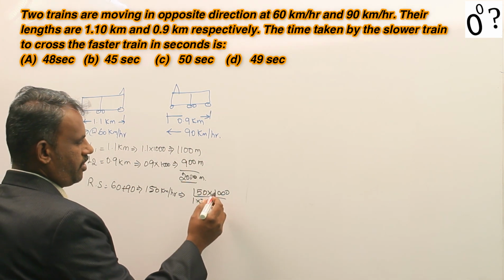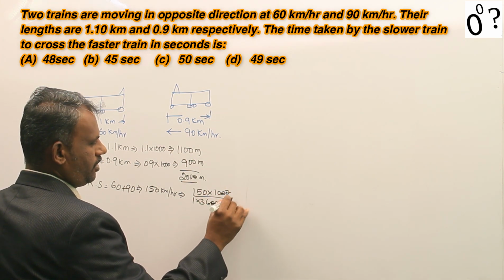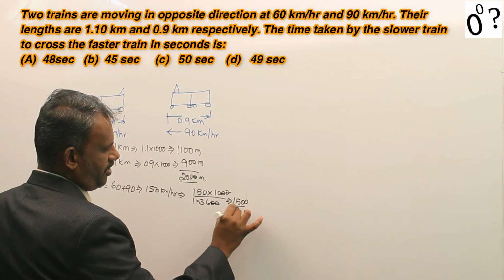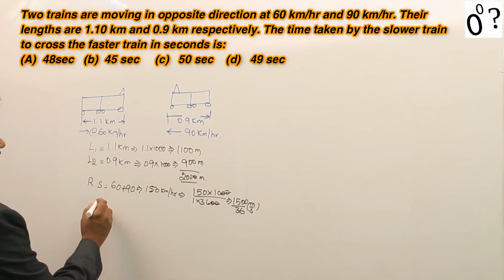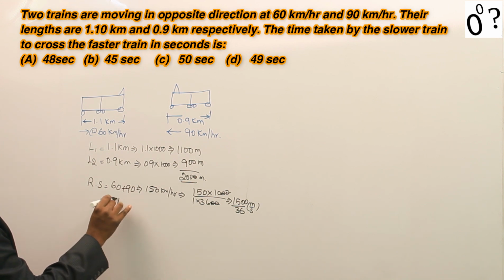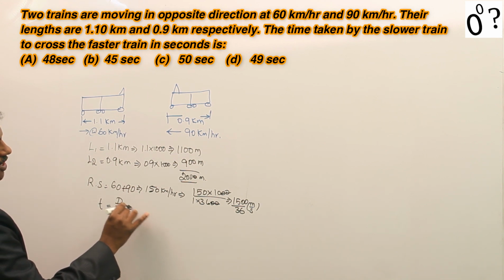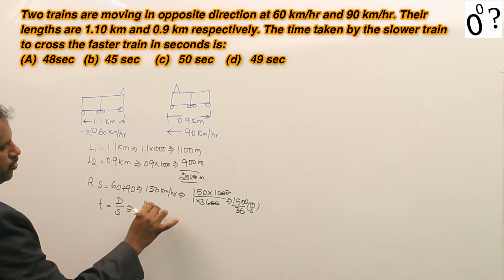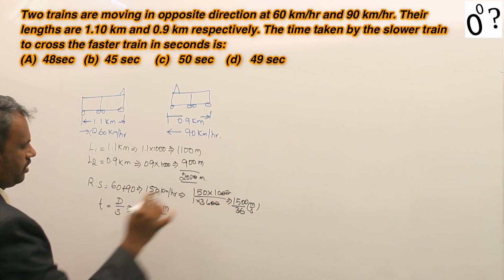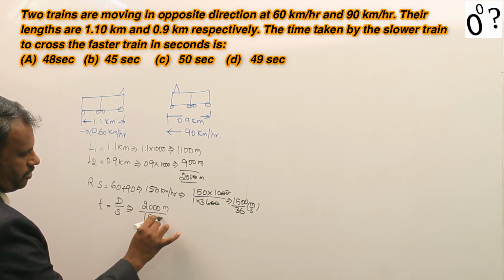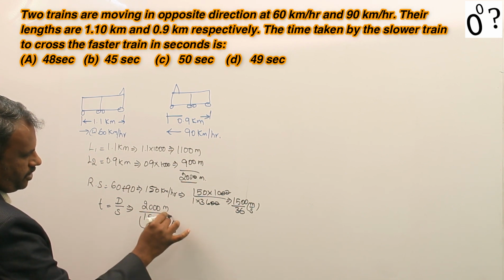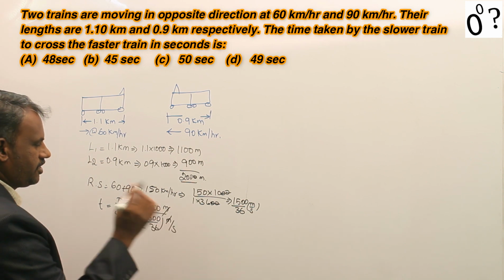If we cancel, we get 1500 divided by 36 meter per second. So we know the formula: time taken is equal to distance divided by speed. Here the distance is equal to 2000 meter and the speed is equal to 1500 divided by 36 meter per second. We cancel the meter, we get the seconds.